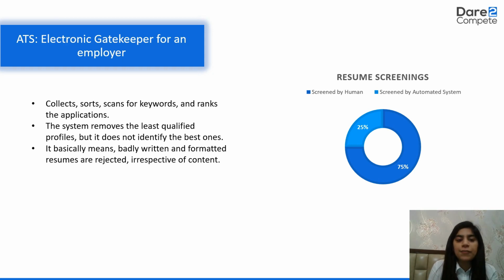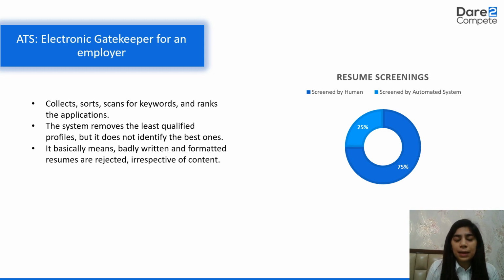So these 25% of the CVs would be seen by humans, and further shortlisting would be done basis their parameters. It basically means the 75% chunk of CVs which are not shortlisted by the ATS are badly written and badly formatted resumes, and hence they get rejected and do not go any further.